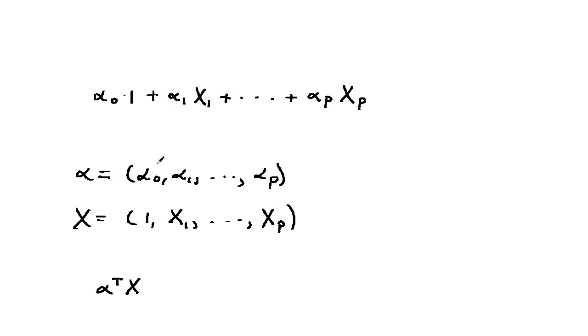Thinking of alpha as a column vector, we take the transpose, which gives a row vector, multiplied by x, a column vector. That gives us this linear combination. Such a linear combination is called an activation.